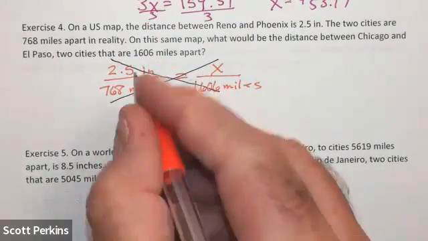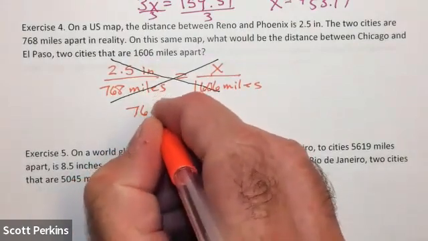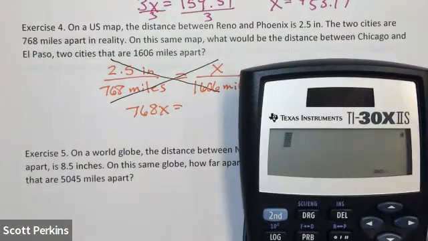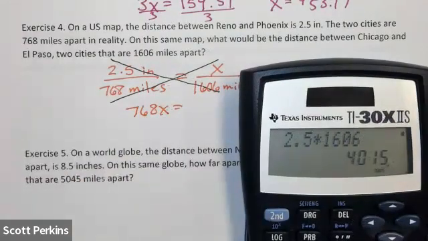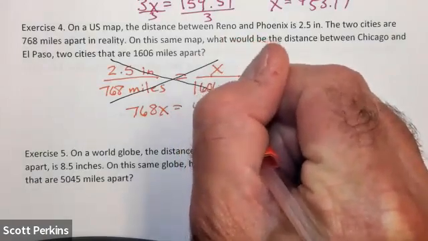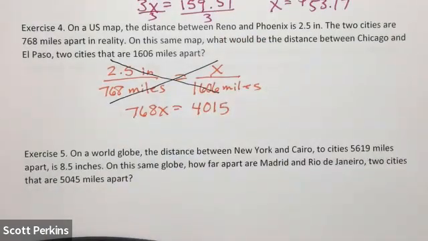So 768 times X is 768X. And then 2.5 times 1606 is equal to 4,015. And then I'm going to divide.